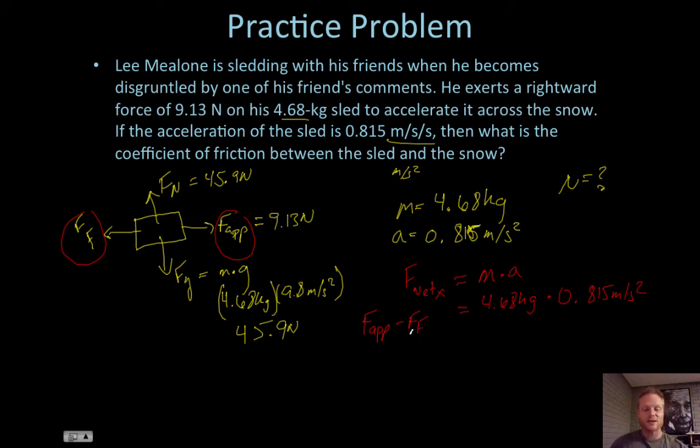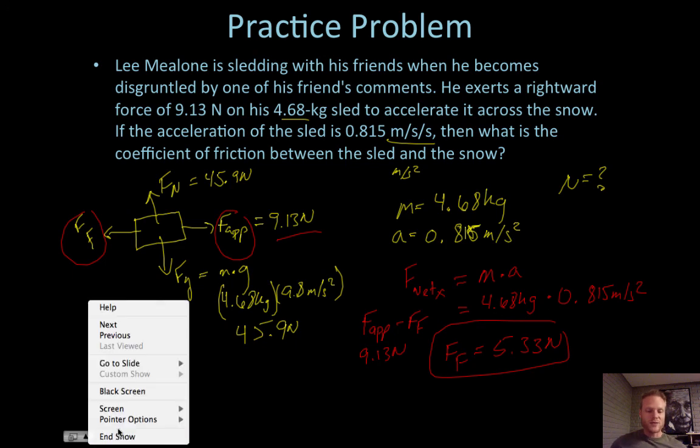That's how I'm going to get my force of friction, because I know F applied is 9.13 newtons. If I do this math, 4.68 times 0.815, and subtract it from 9.13 newtons, I get a frictional force of 5.33 newtons.